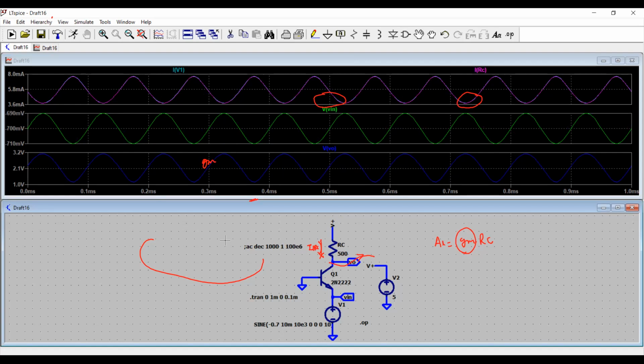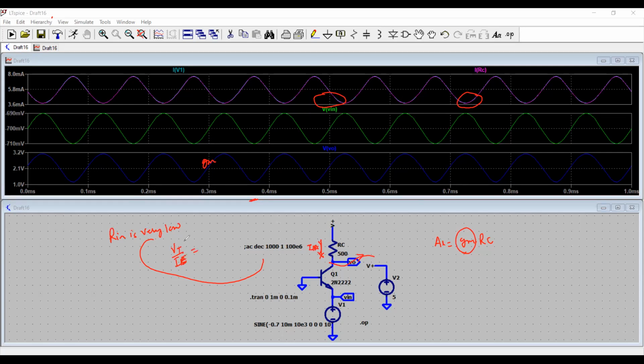But the advantage is that it has a very low input impedance, as we've seen in the previous module, and the output impedance is also a finite value, right? The input impedance of this circuit is very low, and impedance is basically the voltage divided by the current, so that is VT divided by IE.